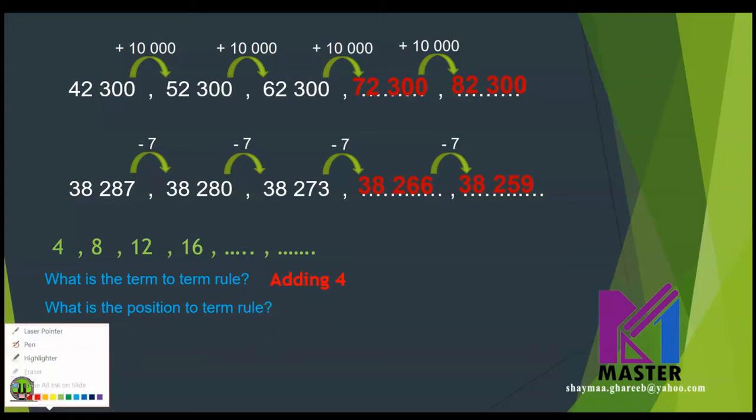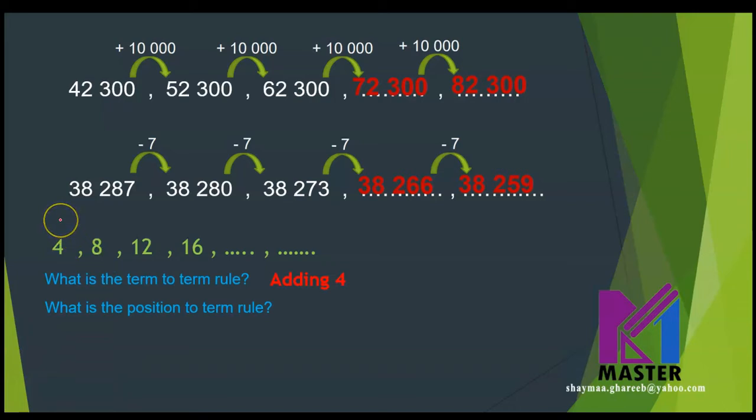Here, I'm going to use the pen to write the positions. The position of the 4 is 1. And for the 8 is 2. And for the 12 is 3, because 4 is the first term in the sequence, 8 is the second term, 12 is the third term, and so on.